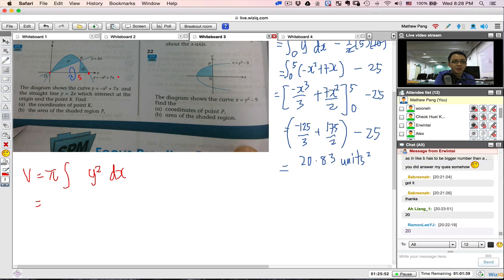So when y equals to 0, I got 0 equals to negative x squared plus 7x. So basically x squared minus 7x equals to 0. So factorize out the x, x minus 7 equals to 0. So x equals to 0 or x equals to 7. Obviously this one x is equal to 7. So I write the 7 here. So I know the limit is from 5 to 7.